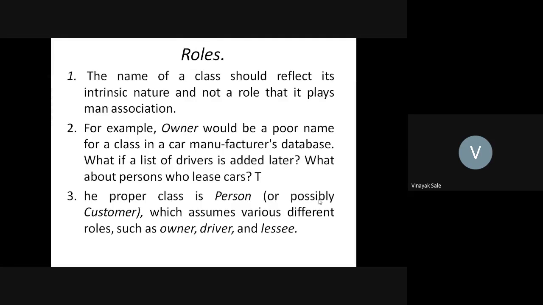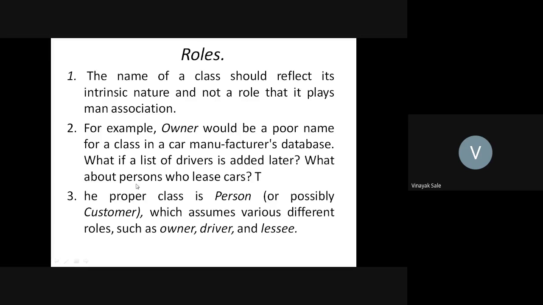Then next part is the role. The name of a class should reflect its intrinsic nature and not a role that it plays in an association. For example, owner would be a poor name for a class in a car manufacturer's database. What about the list of drivers that is added later?